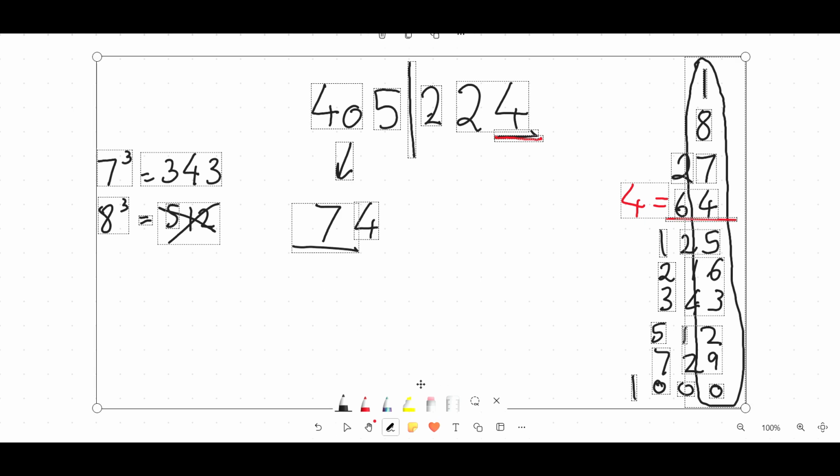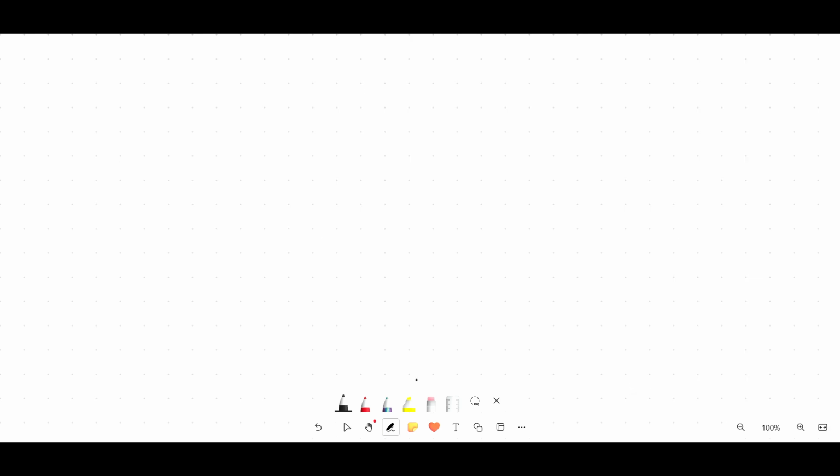Let me do this again for a different example. Let's say we have the number 140608. Split it 3 digits from the right.